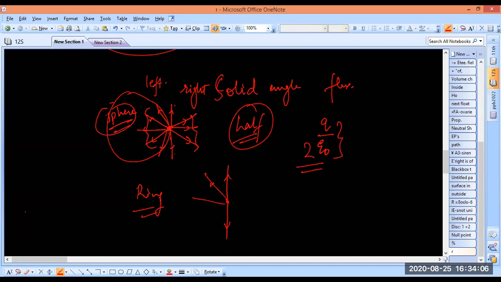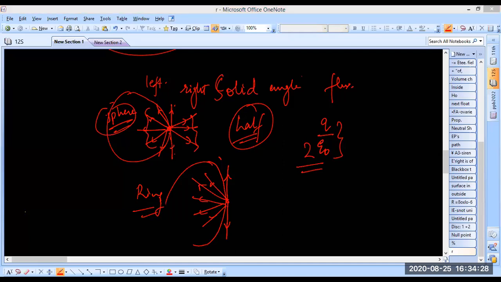All the other field lines must go at an angle, and if they go at an angle, then they will definitely go through the surface of the sphere, right? Only one field line will move up and only one field line will move down, except that all the field lines are going through the sphere.